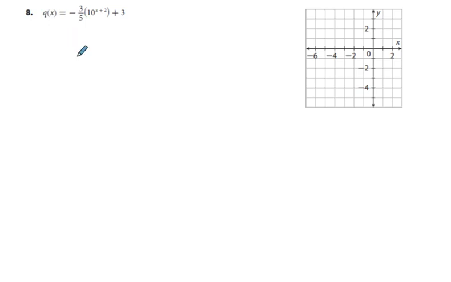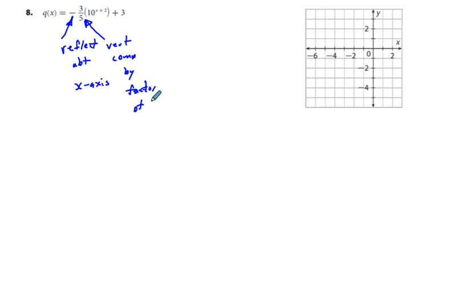Okay, I'm just going to point out a few things. What is this negative sign going to do? It's going to reflect about the x-axis. And this 3/5 is going to be a vertical compression by a factor of 3/5.